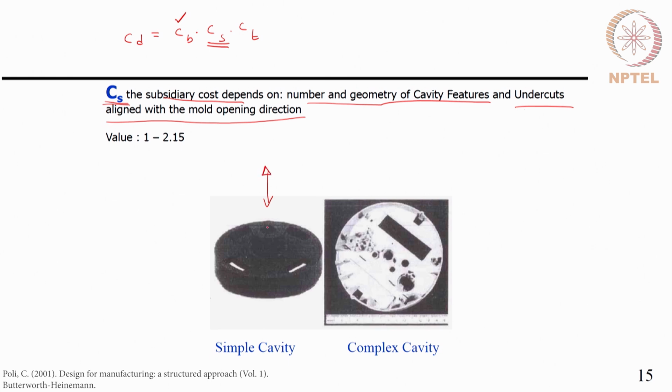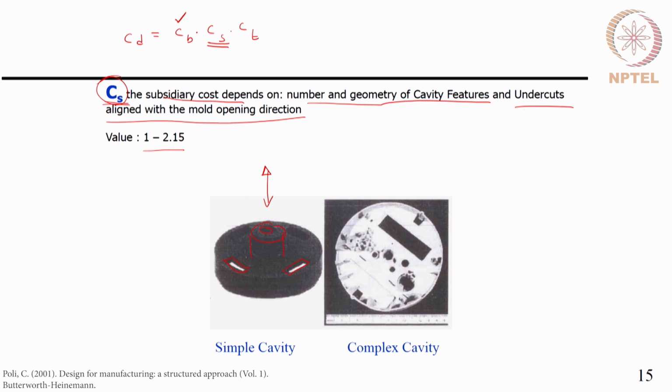Whatever features that we have, like these are the bosses, let us say these are some slots, all these are features that need to be machined on the cavity and core plate. So, such features which increase the manufacturing cost contribute to the subsidiary cost, the value of which is typically 1 to 2.15.